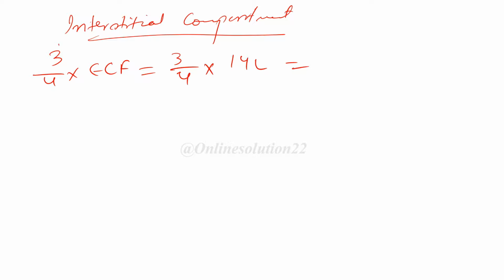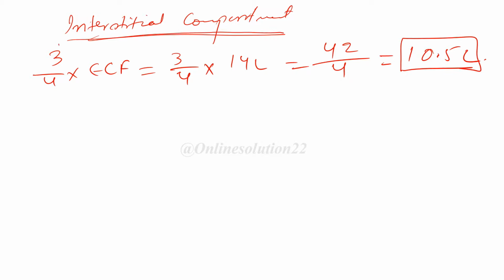If we multiply 3 into 14, we will get 42. Divided by 4, we will get 10.5. So 10.5 liter is the interstitial compartment of the extracellular fluids.